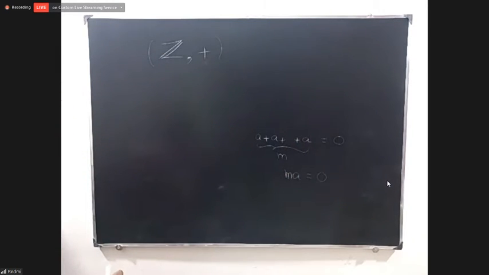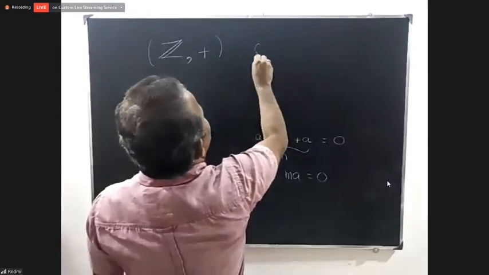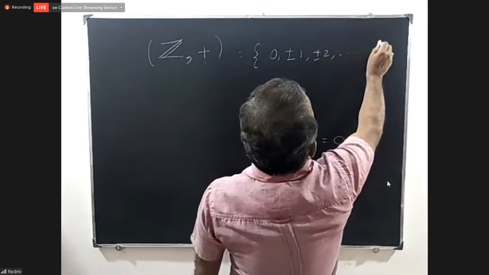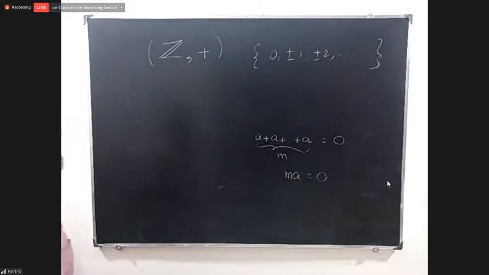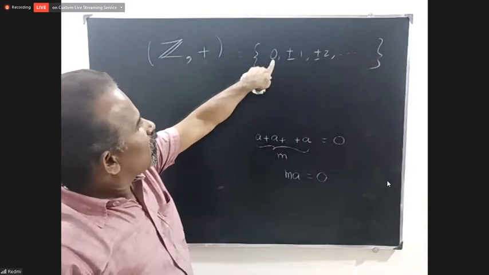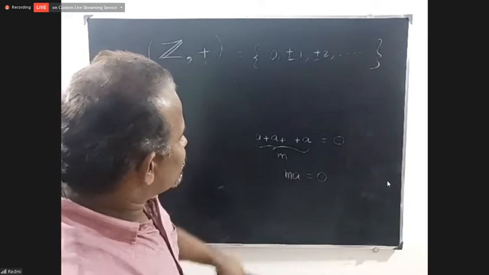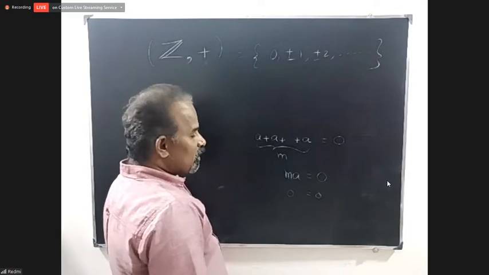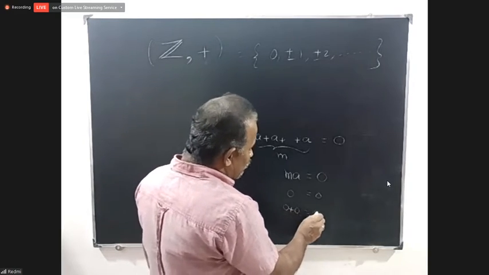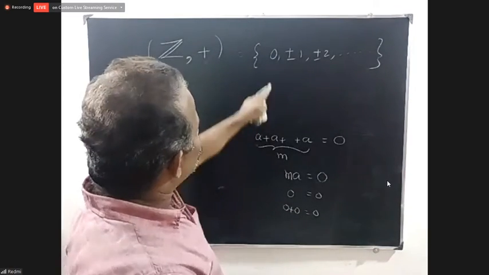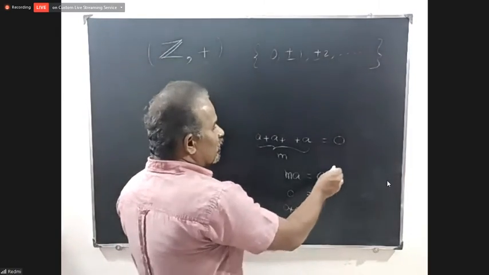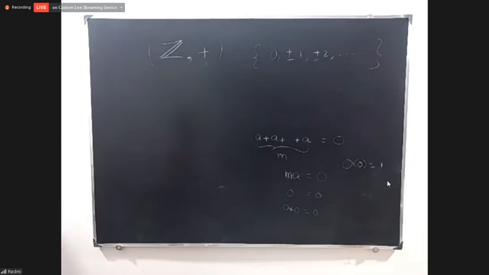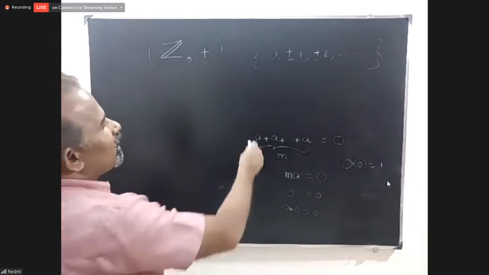Okay. So here, what about the order? Z consists of 0, plus or minus 1, plus or minus 2, etc. 0 can have an order because 0 times 0 is equal to 0, 0 plus 0 is also equal to 0. So 0 has an order. Therefore the order of 0 is definitely equal to 1. Okay. Now let us take 1.